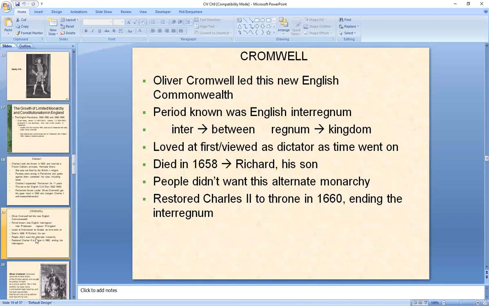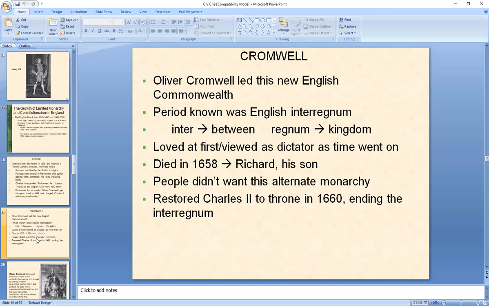So Oliver Cromwell led this New England Commonwealth. After they overthrew Charles I and pushed him out, which is called the Glorious Revolution, by the way, they got rid of that horrible Charles I who married that Catholic princess.